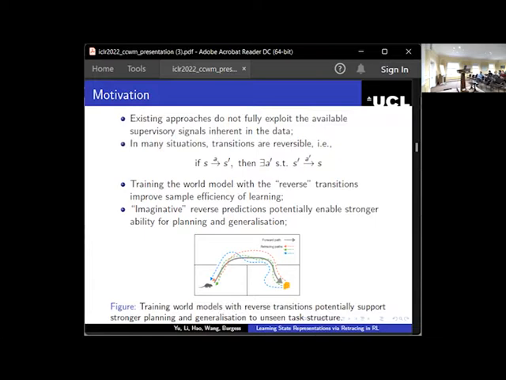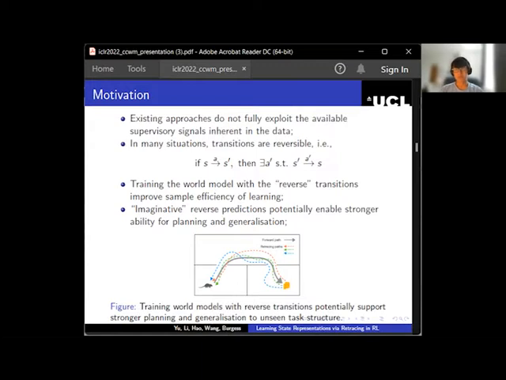For instance, in this figure we show a task where a rat is trying to reach a goal state in a maze environment. Consider the situation where, after the rat has navigated towards the goal state, it is able to generate multiple imaginative reverse trajectories that retrace back to its starting location.